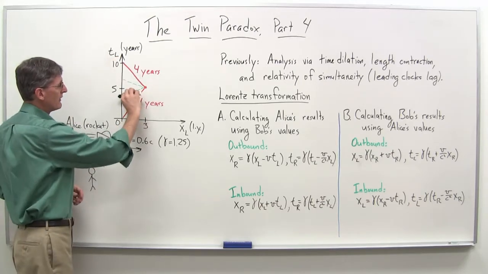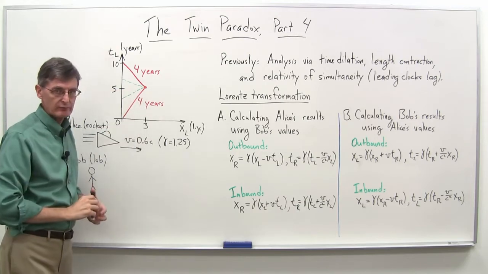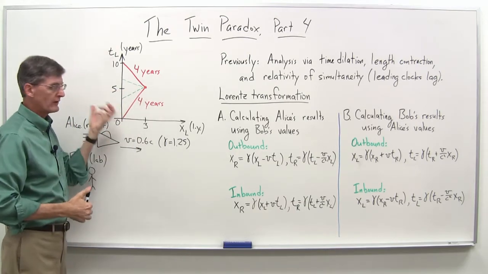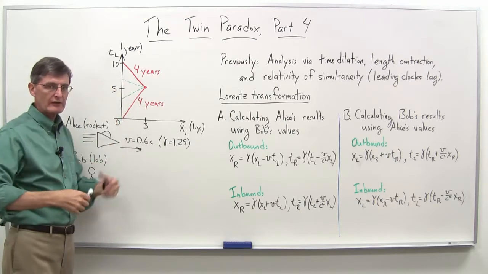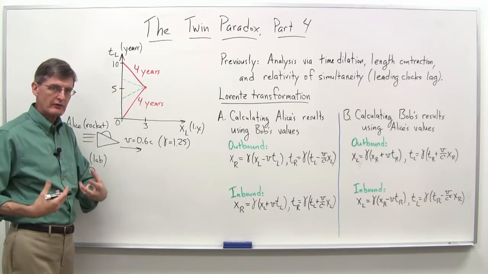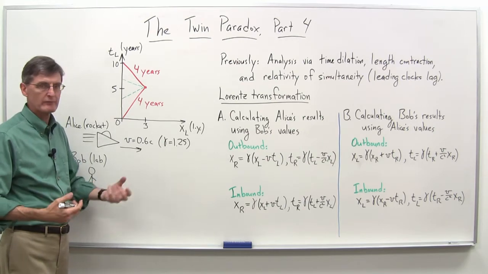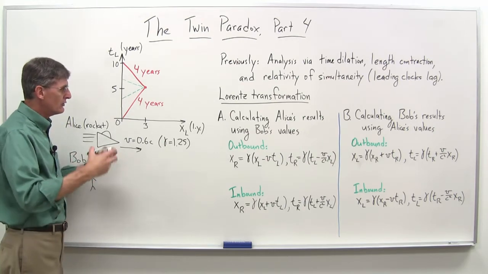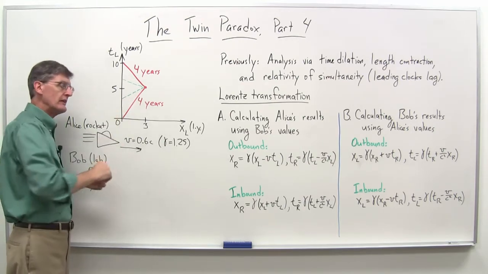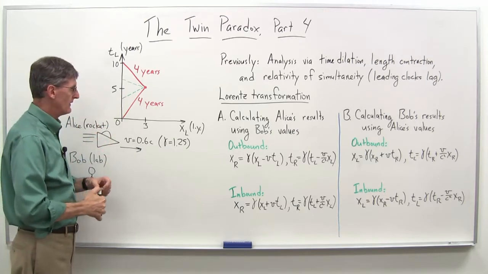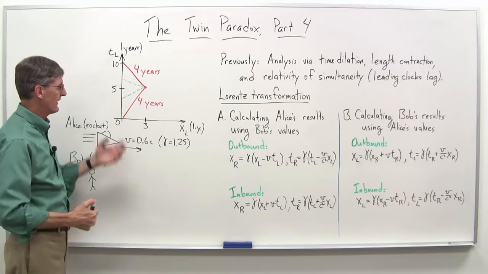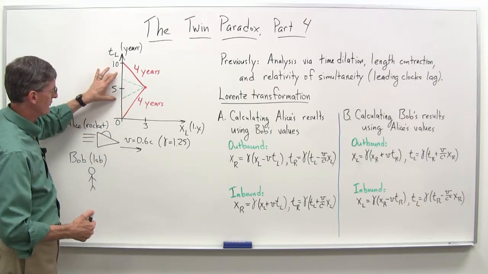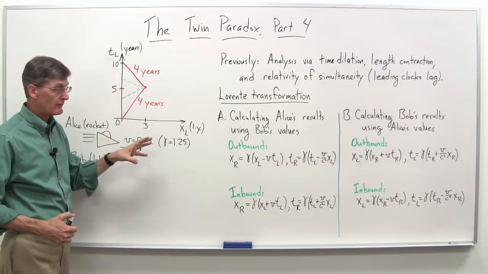At that turnaround, there's a jump that takes place between frames of reference, and therefore Bob's clocks speed up compared to Alice's clocks at that point and tick faster, as it were. You can delve into the details of that turnaround and analyze it in more detail, if you want, but for our purposes, we just say, hey, she changes frame of reference.